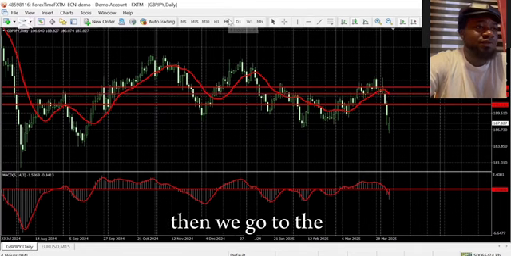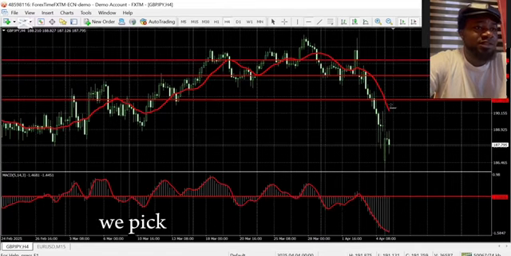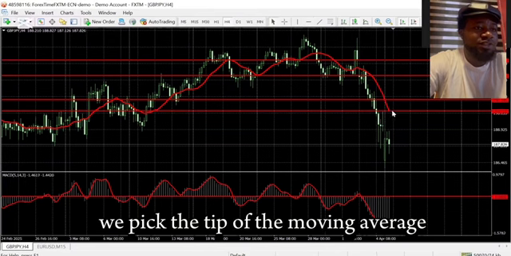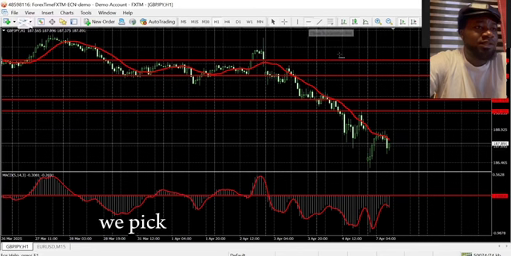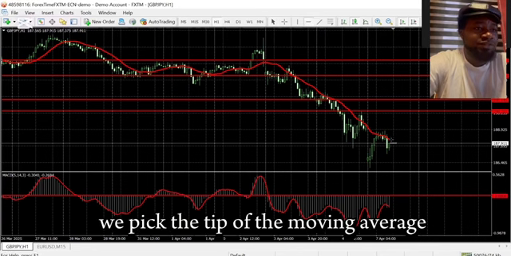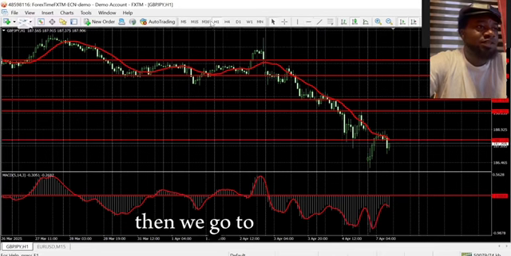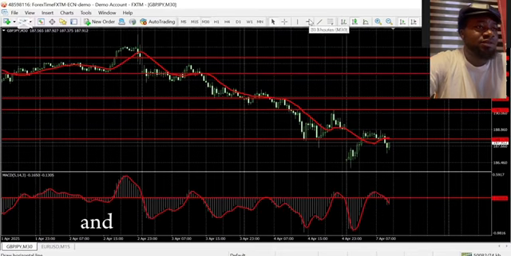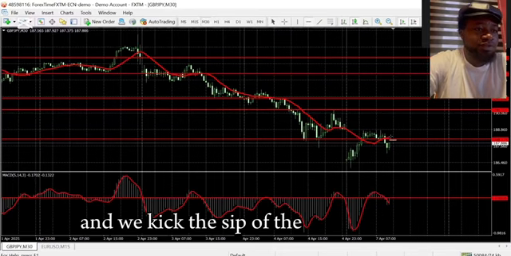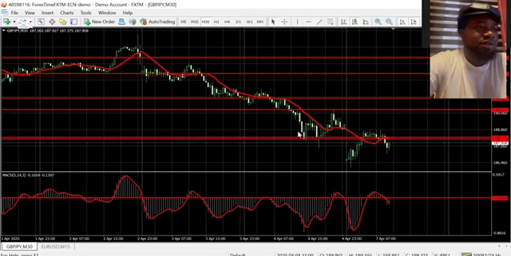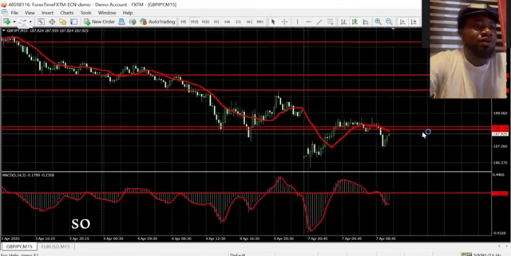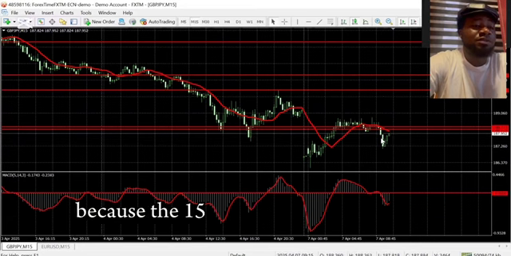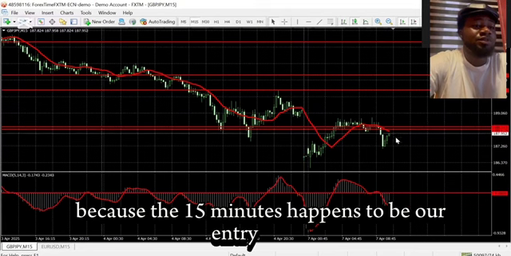Then the 1 day, the 4 hours, the 1 hour, and the 30 minutes, picking the tip of the moving average each time. Then we go to the 15 minutes. On the 15 minutes, always remember that we don't need to pick the tip of the moving average, because the 15 minutes happens to be our entry point.